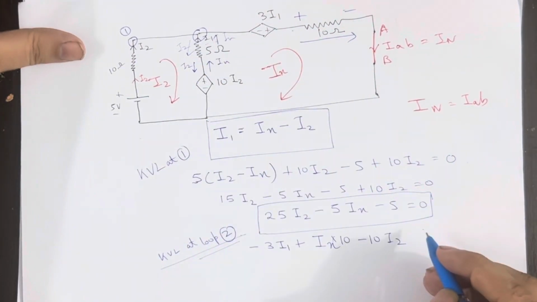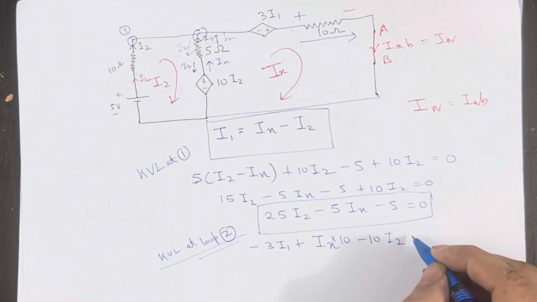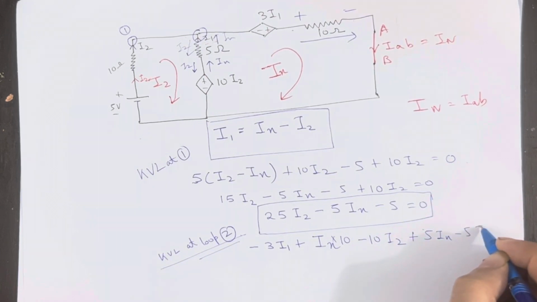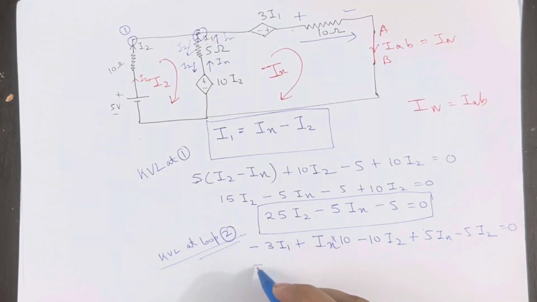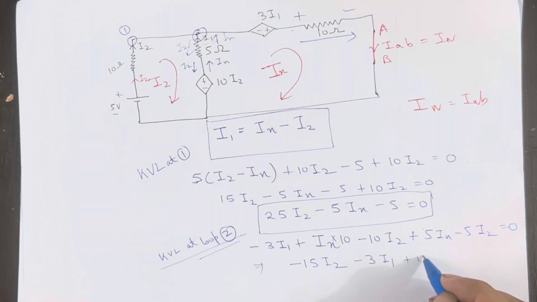Then if I go up, the current flowing is Ix minus I2, so plus 5 Ix minus 5 I2. I have reached my starting point, so it equals 0. It simplifies to minus 3 I1, minus 15 I2, plus 15 Ix equal to 0.